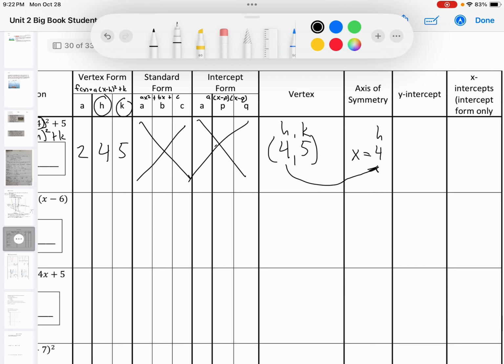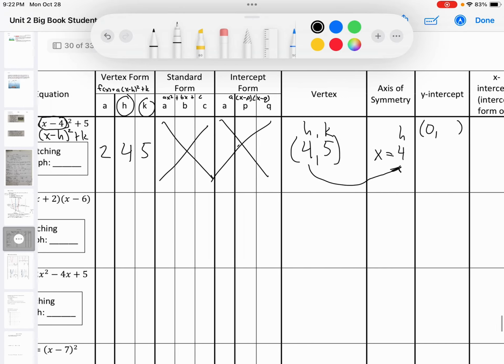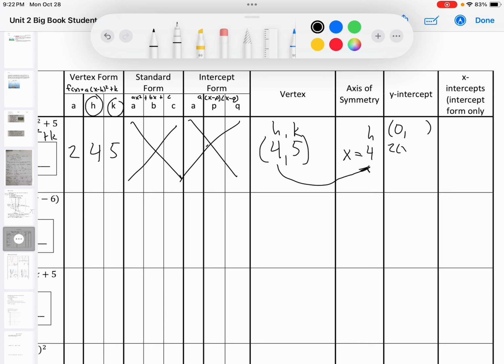The y-intercept is a point that is always going to have 0 as the x value, but then we need to find the y value. So I'm going to do that by substituting in 0 for the function. So if we have 2 times x minus 4 squared plus 5, I'm going to substitute in 0 for x, and that gives me 2 times 0 minus 4 squared plus 5. 0 minus 4 is negative 4, so that would give me 2 times negative 4 squared plus 5.